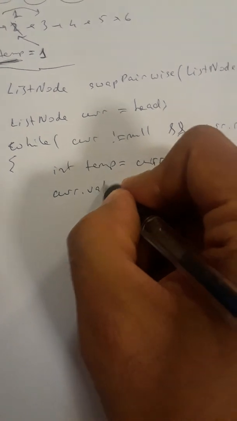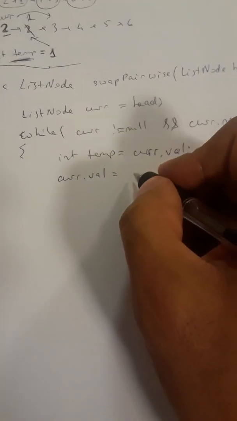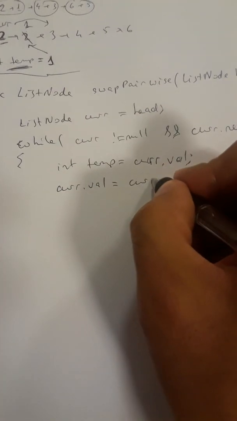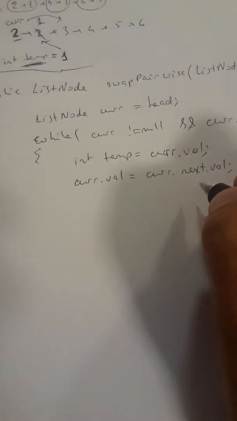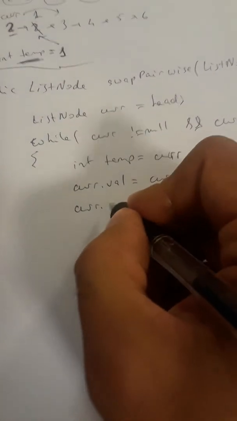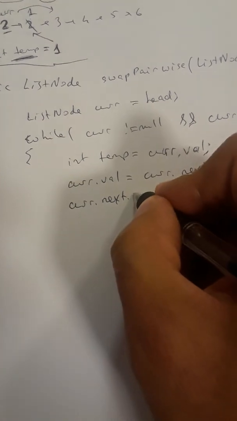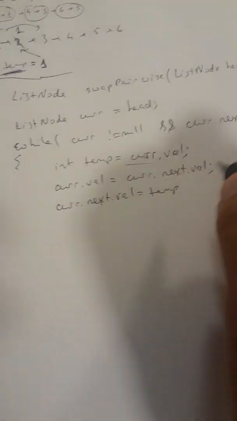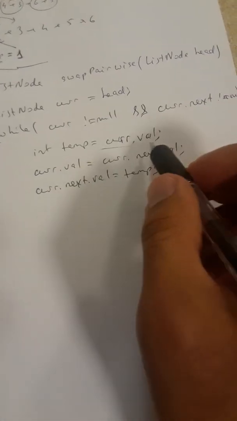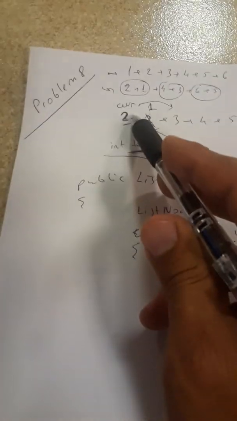Then we will reset our current value with the current next value. Then we'll reset our current next value with the value from our temporary. So by this we will be able to swap the values of these two nodes.